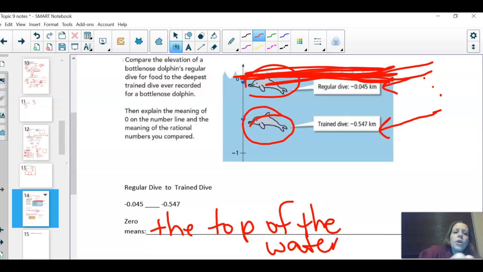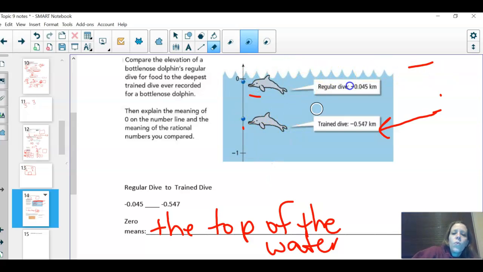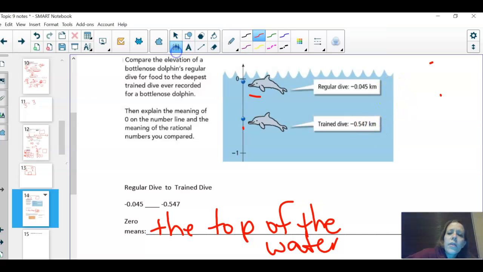So now I want to know which dolphin went deeper. ¿Cuál es abajo del otro? Which is below the other. In this case, if I was looking at the negative, then I would say this one right here is smaller than, right? But remember, distance is never negative. Si yo estoy buscando este, yo pienso que este es más pequeño que este número.